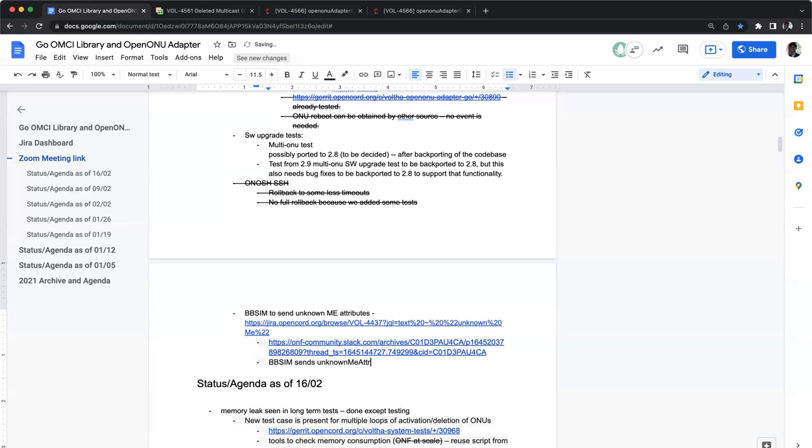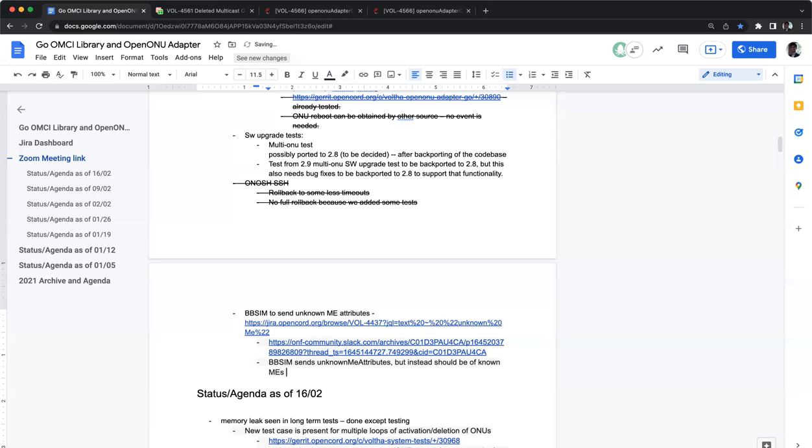This has to be clarified, because the code is done in that way that we receive a known ME, but this ME contains unknown attributes. What I currently receive is an unknown ME with unknown parameters, but this is not evaluated in the ONU adapter code.